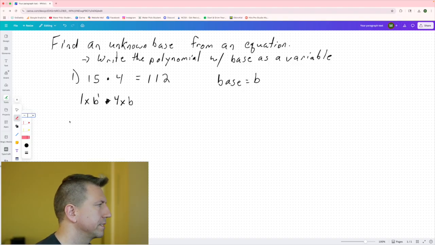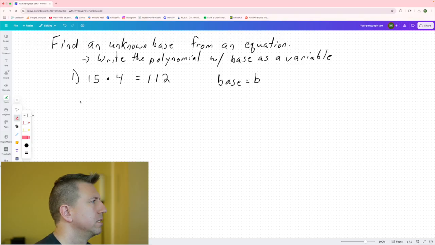Oops, no, let's restart, because I made a mistake. So we have 1 times b to the 1 plus 5 times b to the 0. That's our 15. And that whole thing is multiplied by 4 times b to the 0.